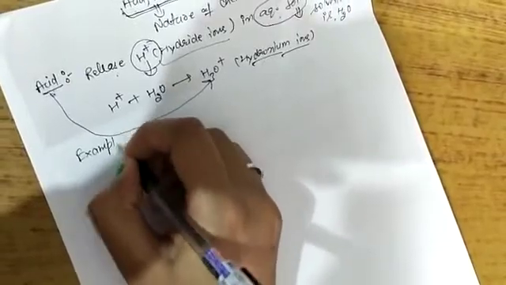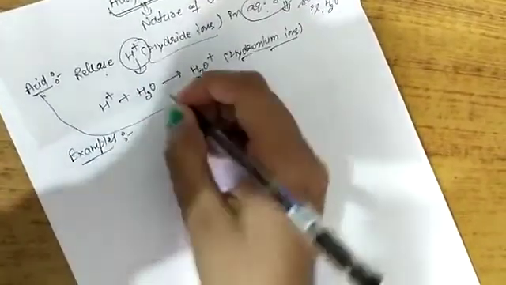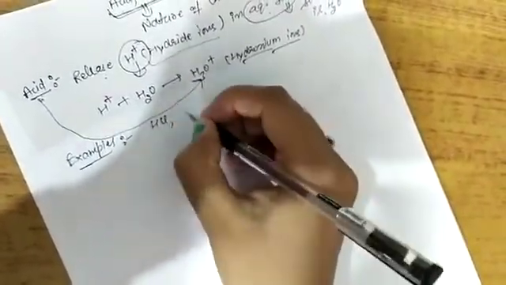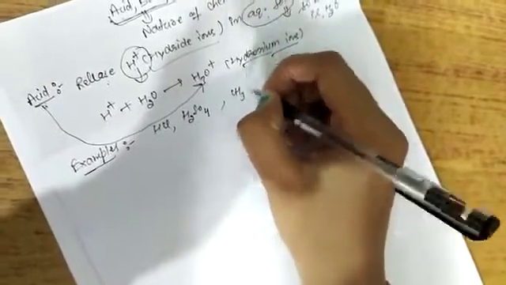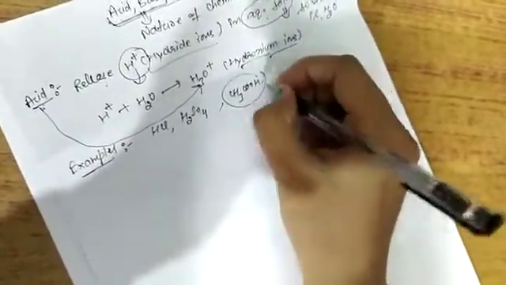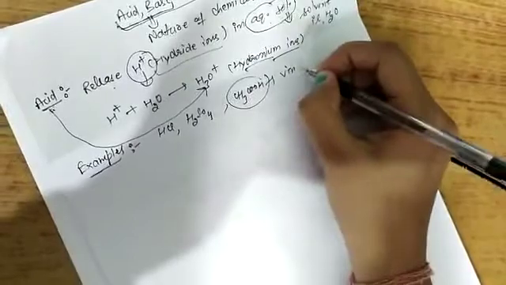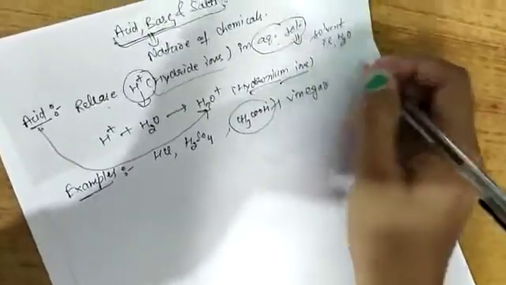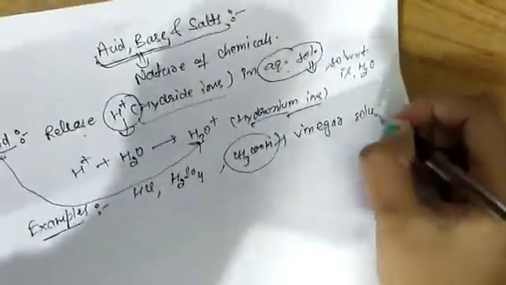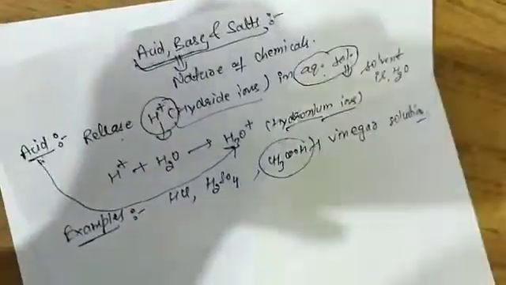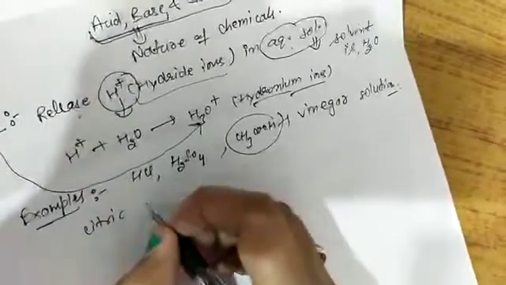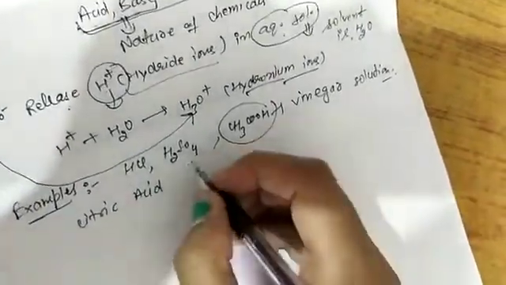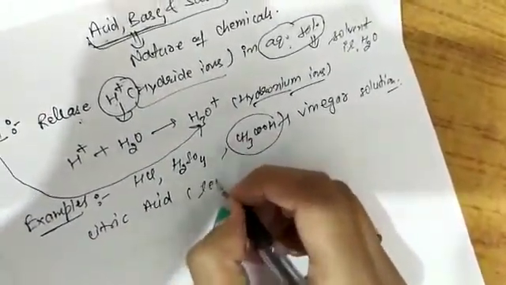Examples of an acid are hydrochloric acid, sulfuric acid, acetic acid, which is present in the vinegar solution, and citric acid, which is present in lemon.